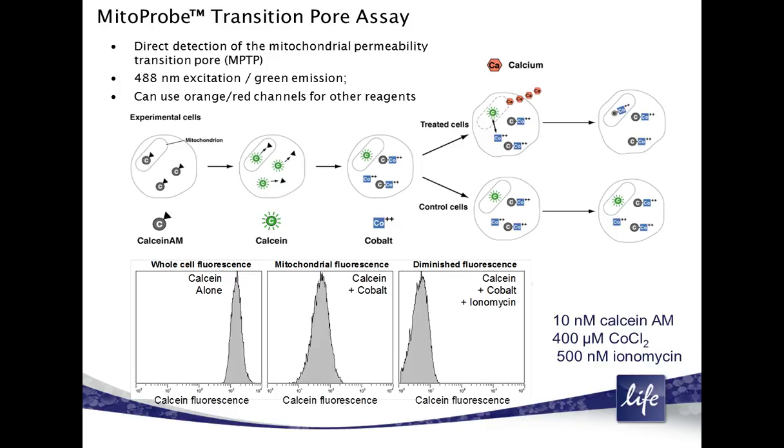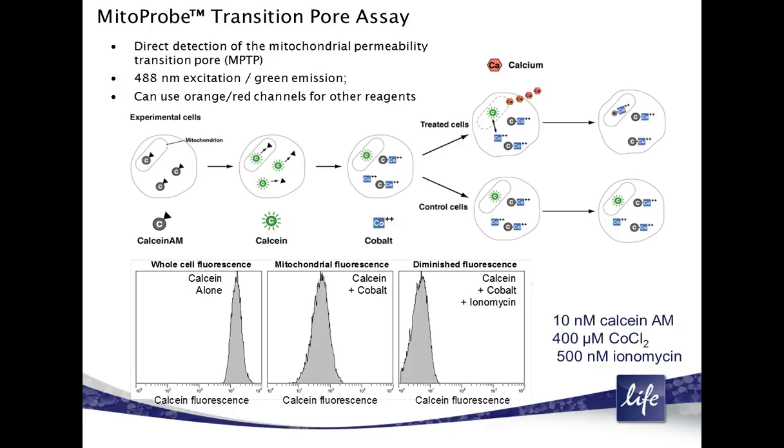The fluorescence from the cytosolic calcein is quenched by the addition of cobalt. However, cobalt does not cross into the mitochondria, and the calcein within the mitochondria continues to fluoresce. When the pore is opened with a calcium ionophore, the cobalt then enters the mitochondria and quenches the remaining calcein.